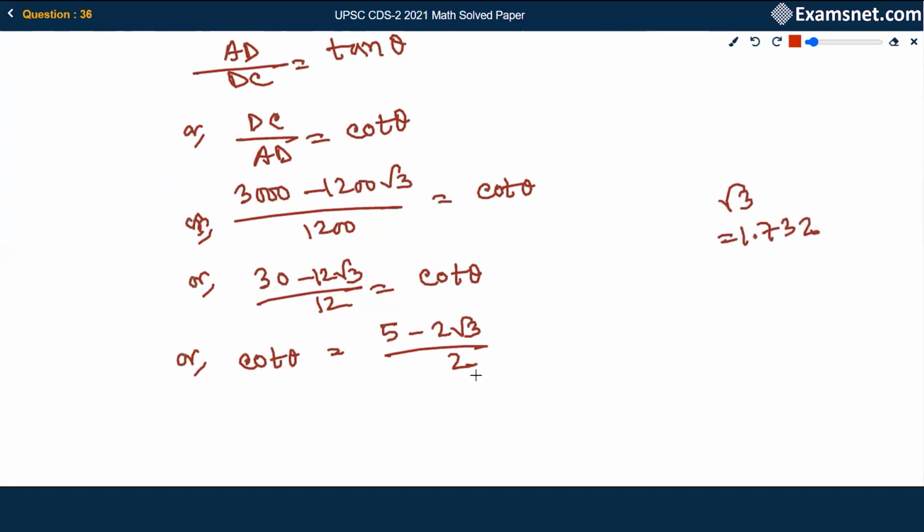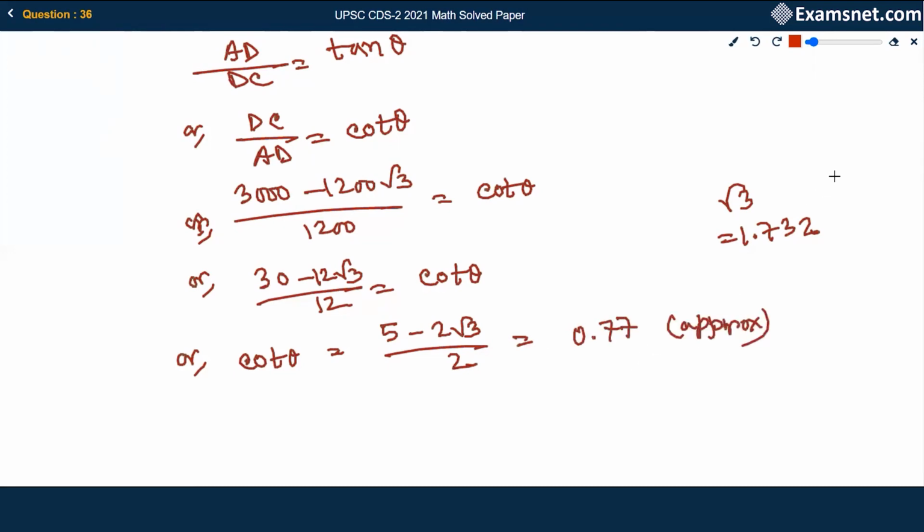So after doing this calculation, that is 5 minus 2 multiplied by 1.732, divided by another 2, we will get 0.77 approx, after rounding off.